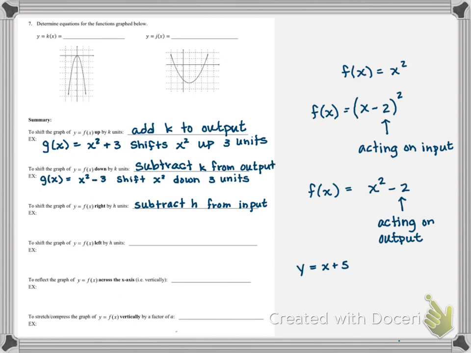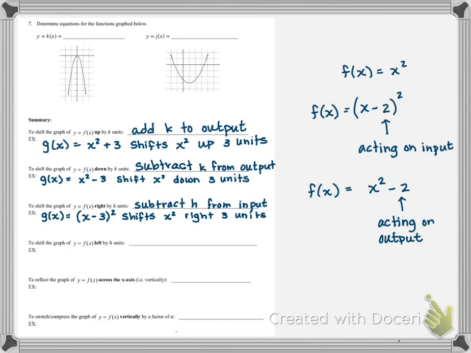So all horizontal transformations do the opposite direction of what the operation seems to imply. So if I start with my input, subtract 3, and then square it, that shifts x squared right 3 units.